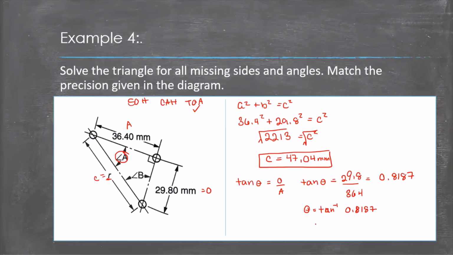And that's going to give you an angle that is equal to 39.3 degrees. We'll keep one decimal place. I wasn't very smart and I didn't give you the decimal place here. And then to find the third angle, so this is angle A. Angle B is 180 degrees minus 90 minus 39.3, which is equal to 50.7.